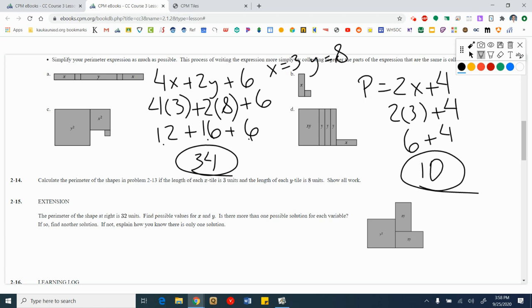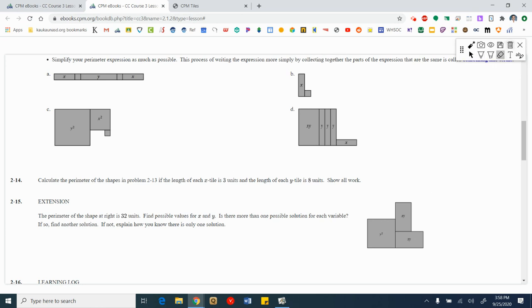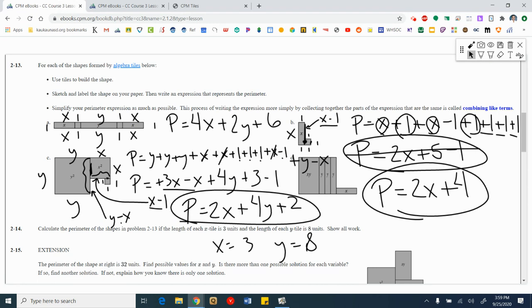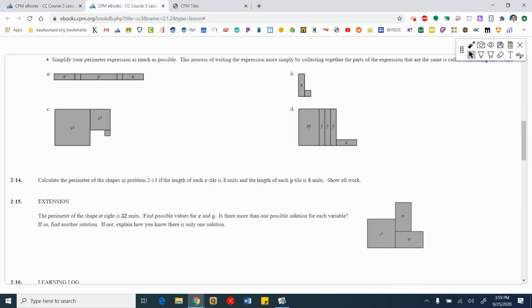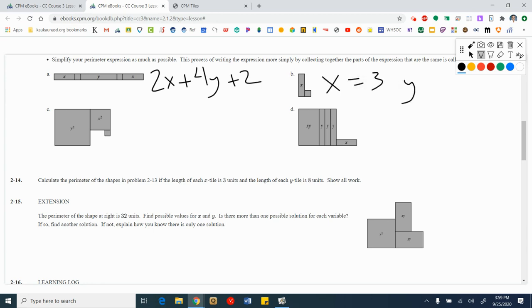Okay, let's go ahead and I'm going to have to clear this. Actually, let's see if I hit this. Yep, there we go. All right, part C then. What was our equation? 2x plus 4y plus 2. Well, we said x equals 3, y equals 8.